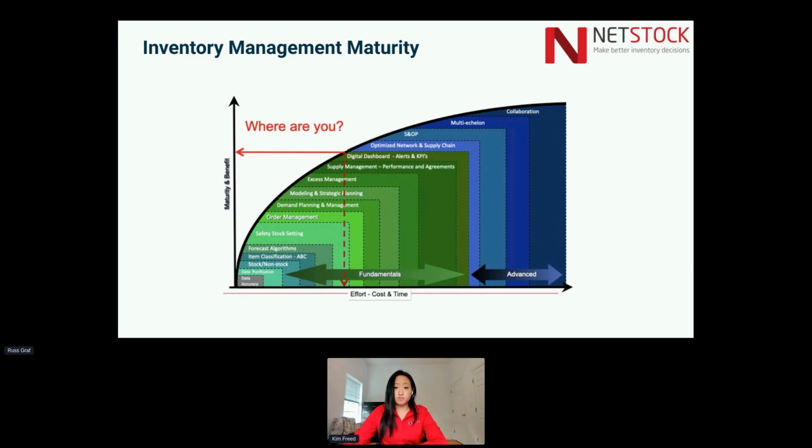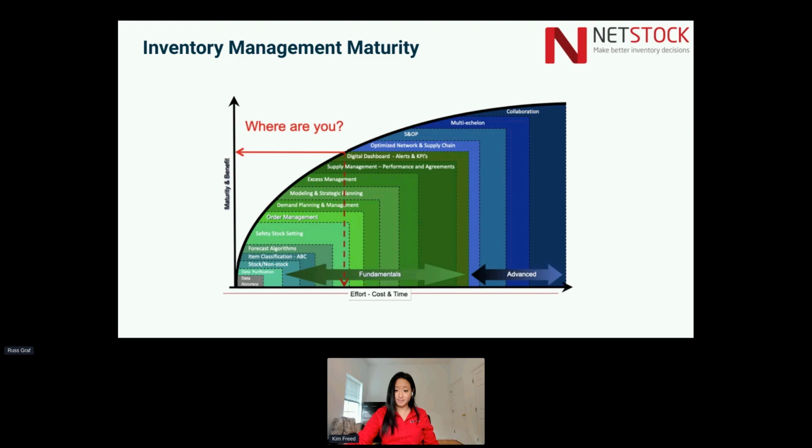And as we've seen with the disruption in supply chains going on over the last 12, 18 months, we're seeing a lot more appreciation for the critical nature of this supply chain role in our organizations. It's kind of always been the case in larger enterprises, but I think the middle market players now, our typical customers in the Acumatica space and in the NETSTOCK space, I think there's much more appreciation for how challenging this is and how much worse it's gotten, how we do need to provide them with the right tools.